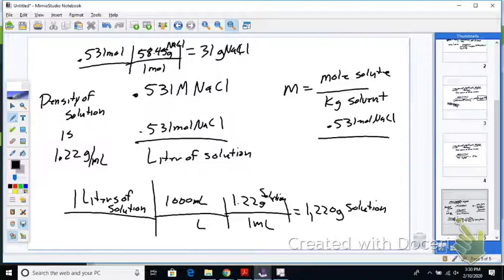Because the solution has NaCl plus water, if I subtract out the 31 grams, that gives me the mass of my solvent, water. Then I convert that to kilograms and divide it out. It seems like a lengthy process.